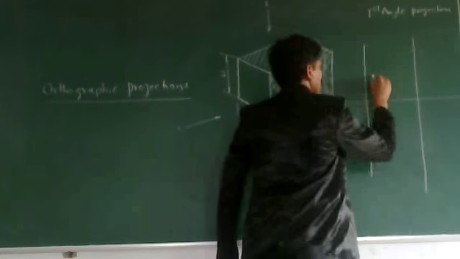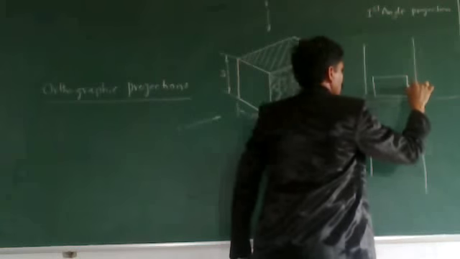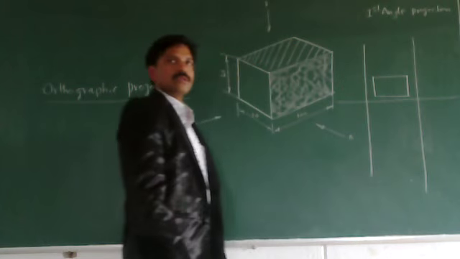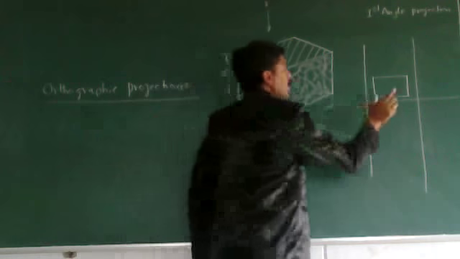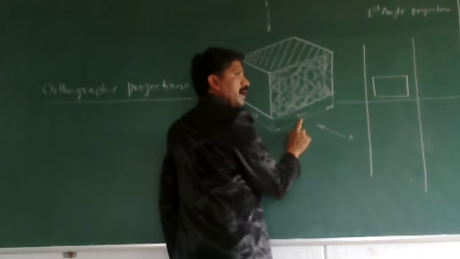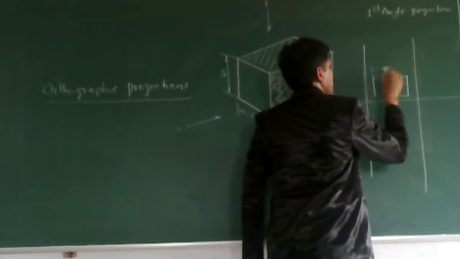This is the real shape in the front direction. From here to here, the dimension is 100 and the height is 40.